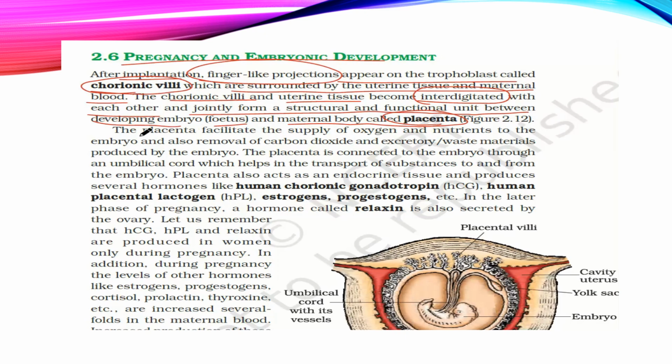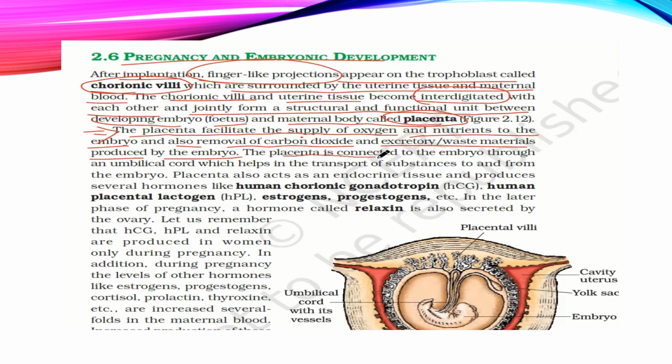So what does the placenta do? The placenta facilitates the supply of oxygen and nutrients to the embryo, and also removes the carbon dioxide and excretory waste materials produced by the embryo. So the first important thing is that it supplies oxygen and nutrients from the mother's blood to the embryo, and it removes carbon dioxide and excretory waste products through the mother's body to be excreted outside.